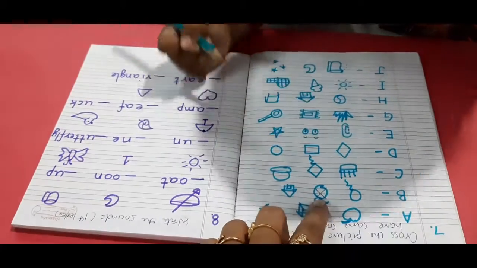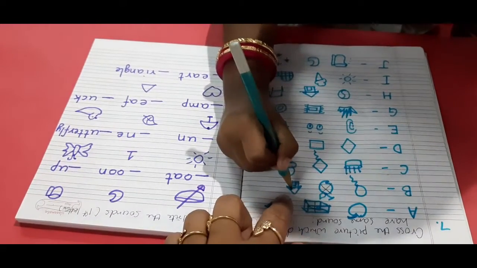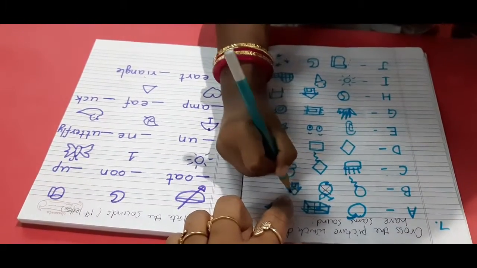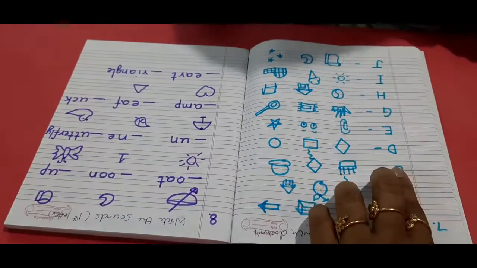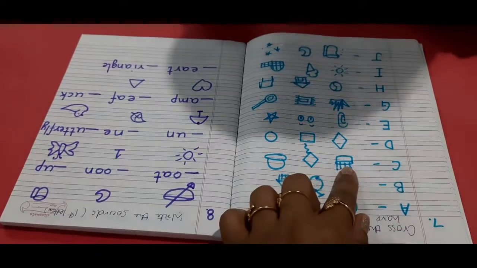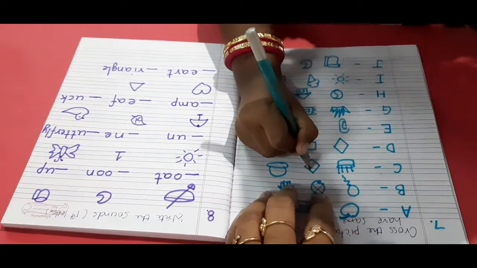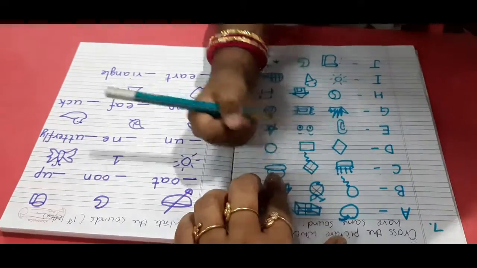This is mango. And this one? Does it start with B? No. Very good. And this one now K. Does it start with K? Okay. Does it start with K? No. Very good.